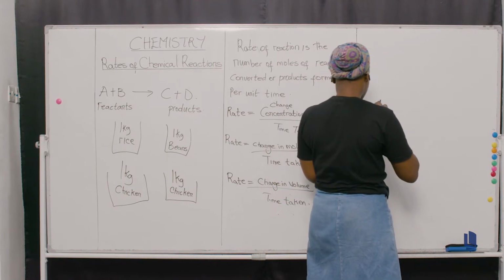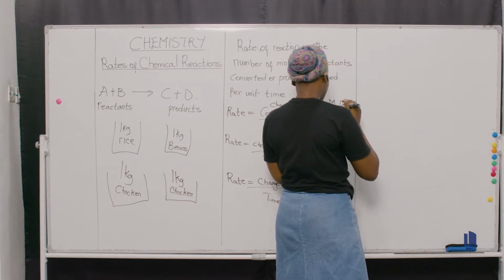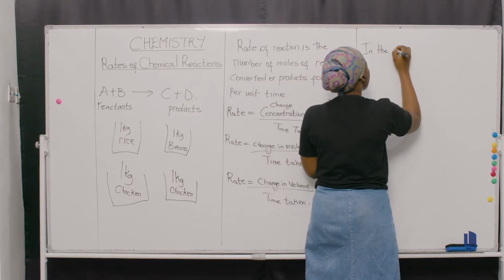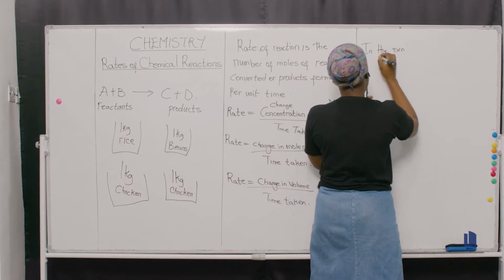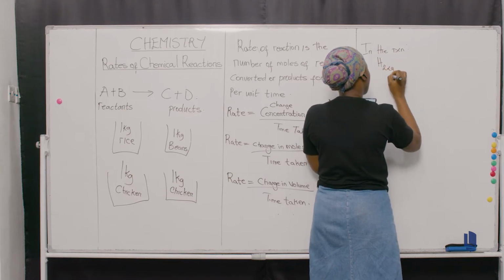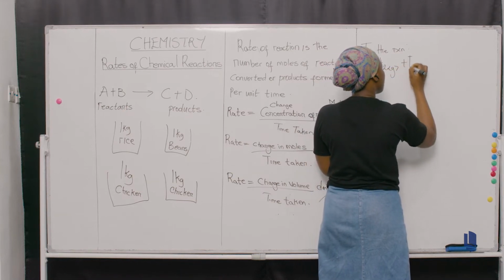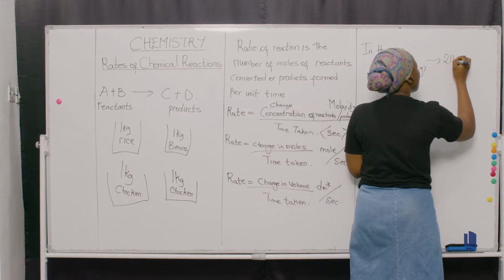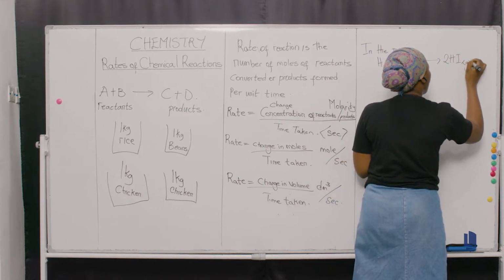And so let's take, in the reaction, hydrogen plus iodine giving hydrogen iodide.